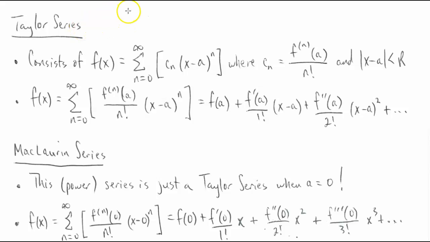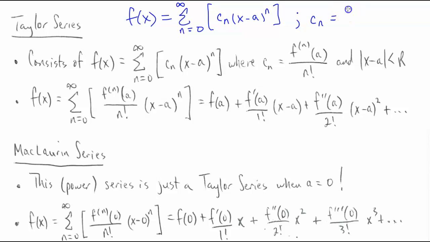okay? So in general, if we were to take, not a function, but let's say a power series, and express it this way, okay? And the key here is to ask, how do we express C sub n, or the coefficients?